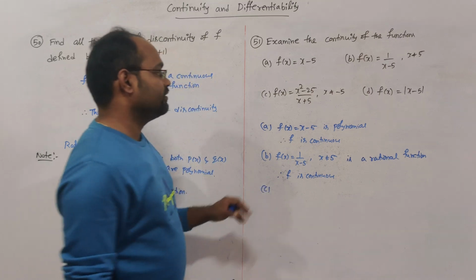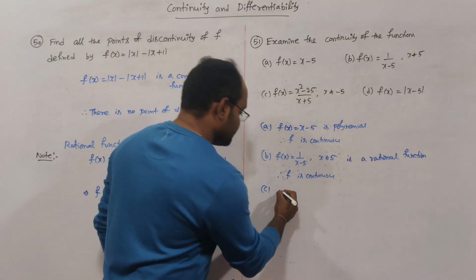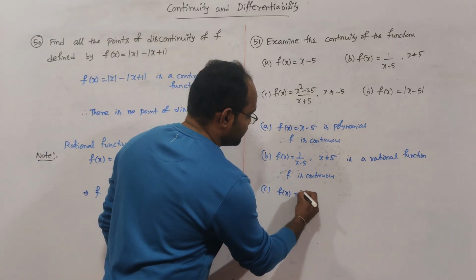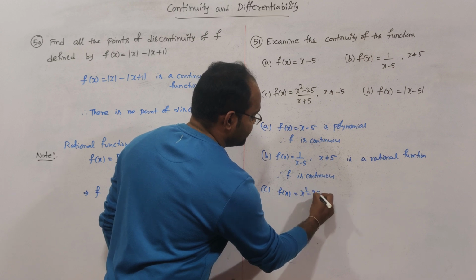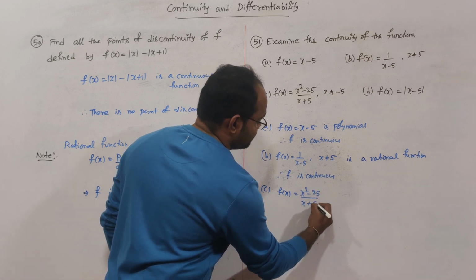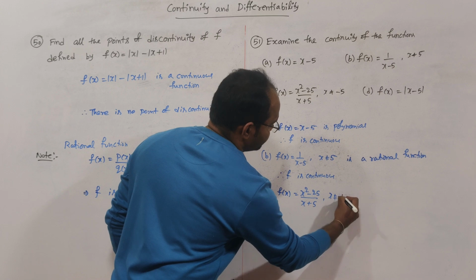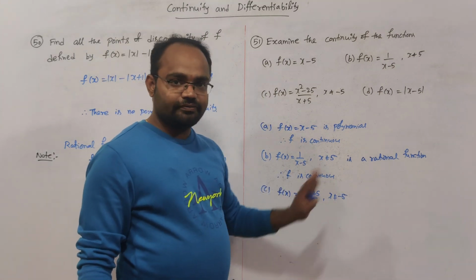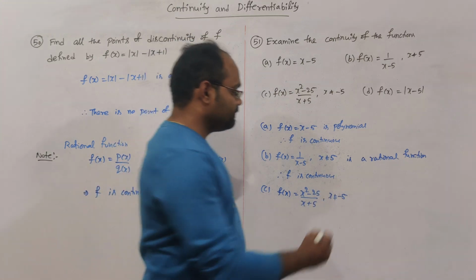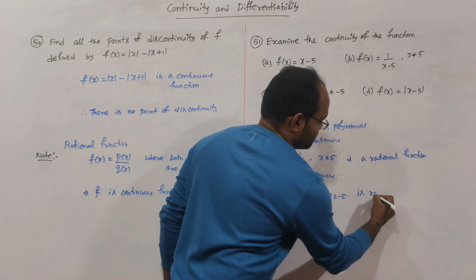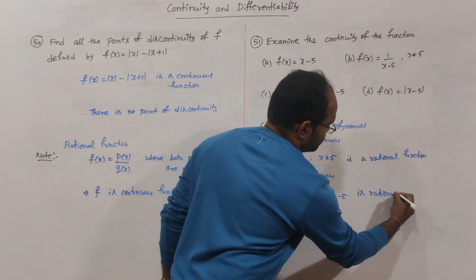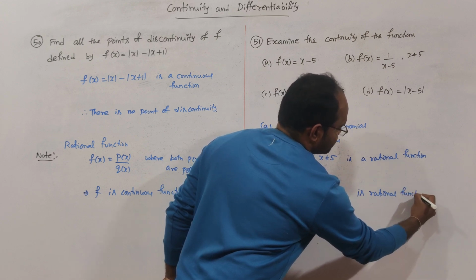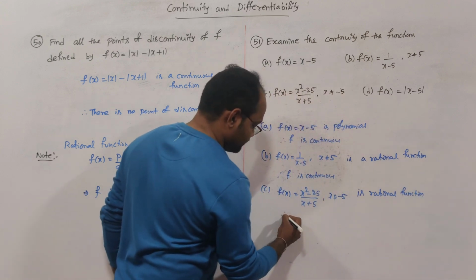C, again the same reason, f of x is equal to x square minus 25 by x plus 5 provided x is not equal to minus 5. The denominator is not 0 because we leave that value, therefore it is a rational function, continuous. It is again a rational function, therefore f is continuous.